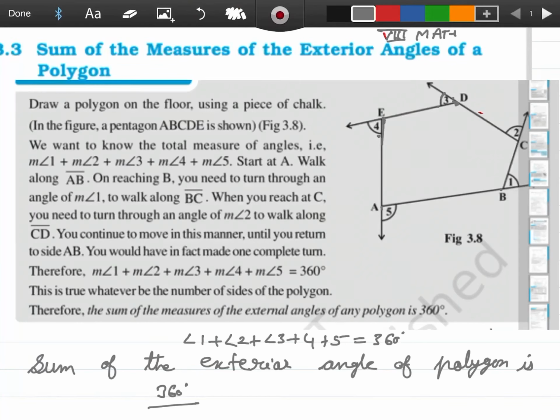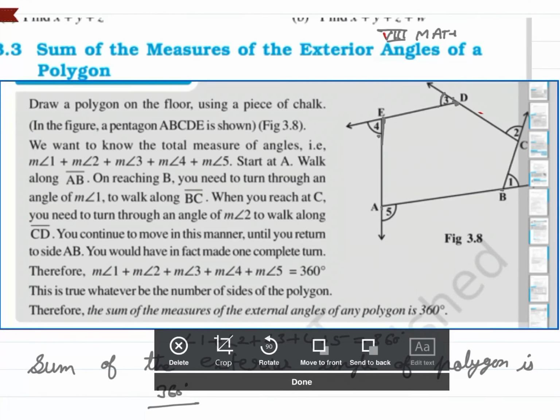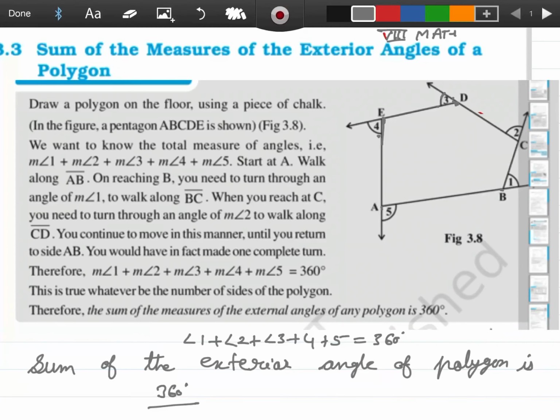From the point A, to come back on the line AB, you will turn through the angle 5, and in this way you will reach the point B. You will observe that you have taken the complete round, or made one turn.